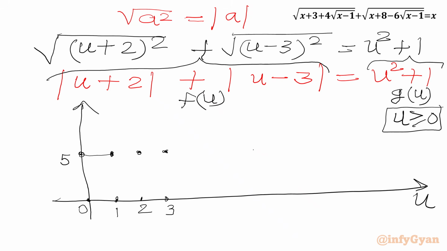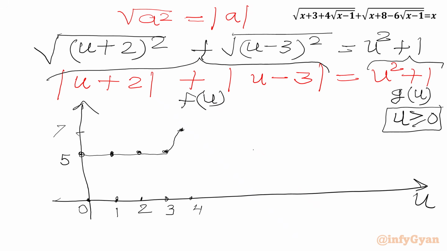So we have one constant value. Let's check u equal to 4. So mod of 6 is 6 plus 1, 7. So at u equal to 4, it is going to change its behavior. Here I will write 7. It is converting into one line form.